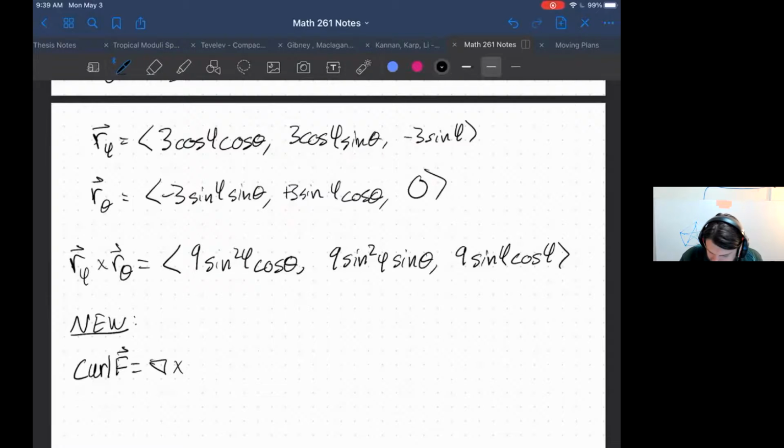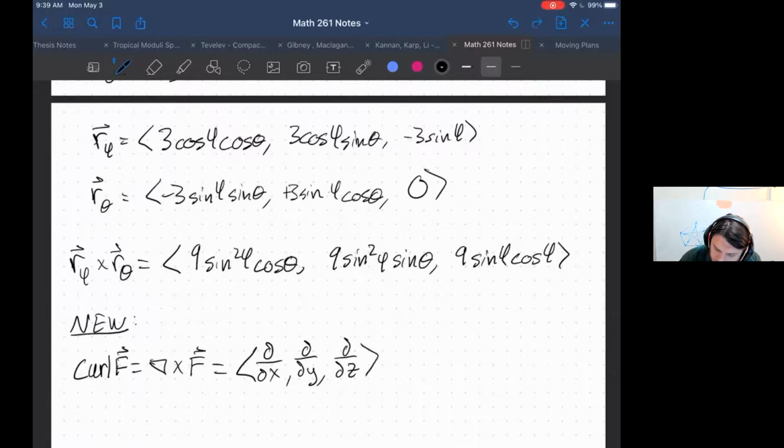What are we doing? Curl vector. Right. So the curl vector is nabla cross product with our vector field. And I'm going to write this out in its details because this is the first time we're going over this. This is an odd thing where we don't want to substitute in our u and v variables, at least until we're done taking these partial derivatives.